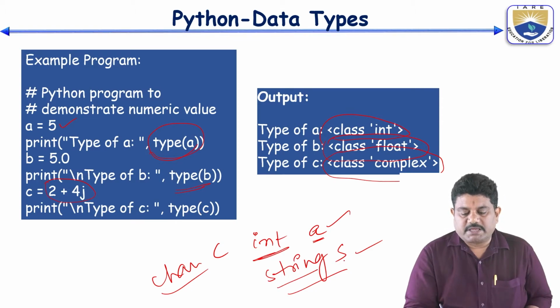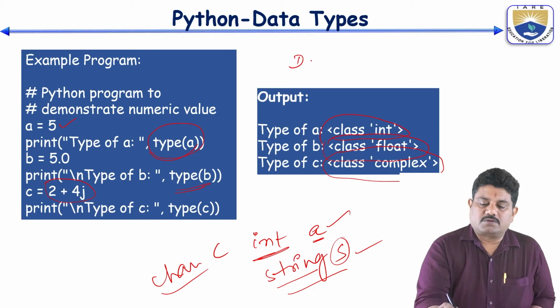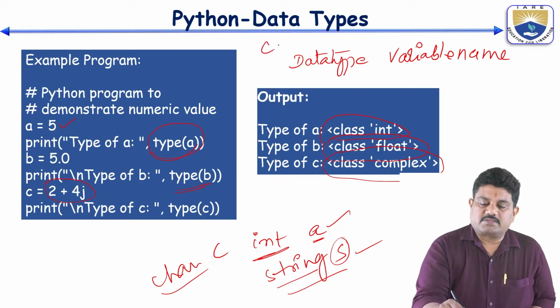We mention the data type and then the variable name. This is the syntax in other languages: data type, variable name. So in languages like C and Java, this is the syntax.